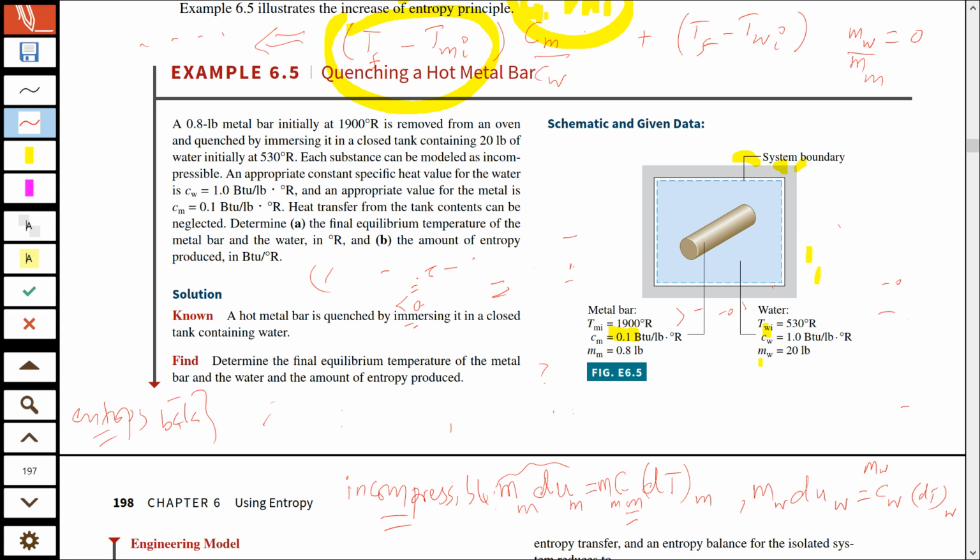So the change in entropy for the isolated system must equal the entropy production for the isolated system. And because it's an extensive property, I can break this down into the change in entropy for the metal plus the change in entropy for water. And I have similar relationships just like this.